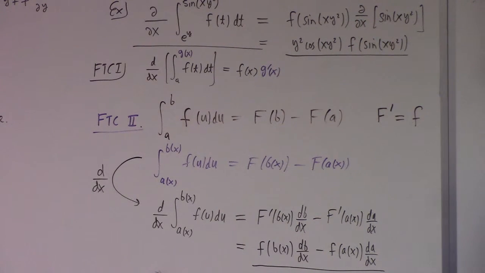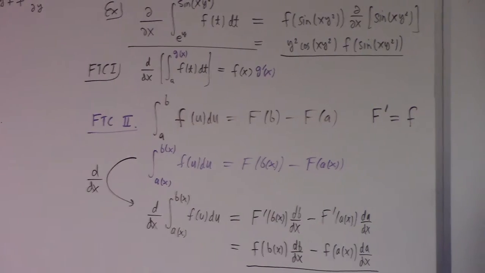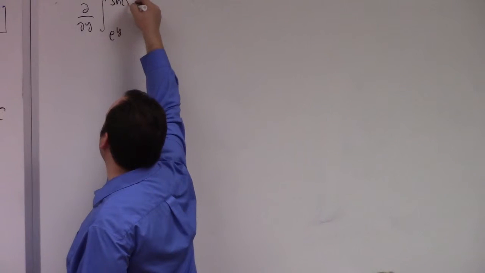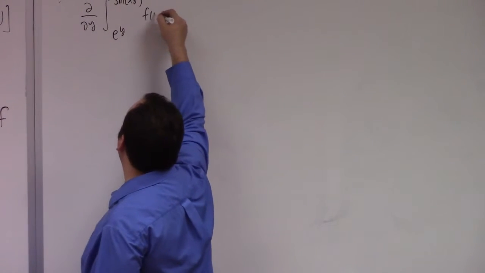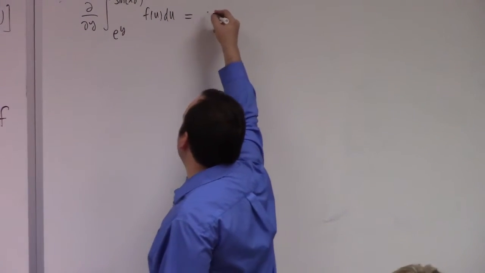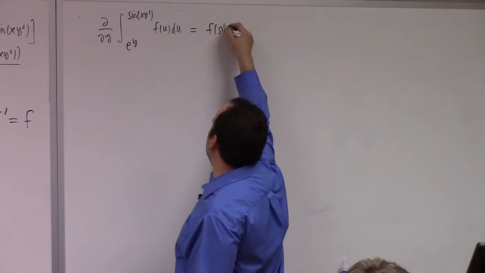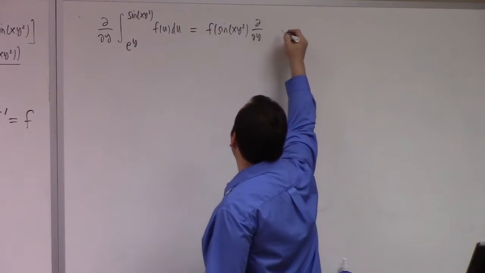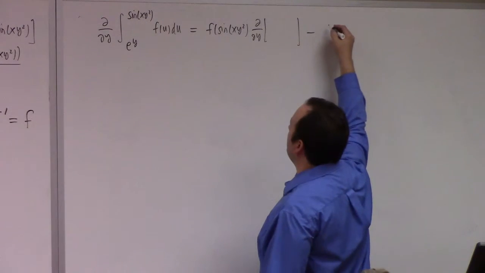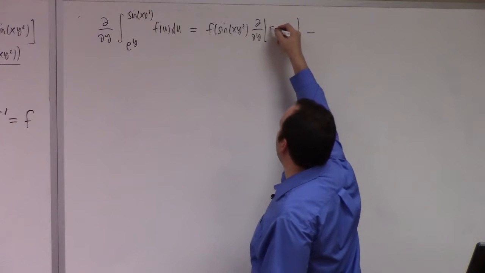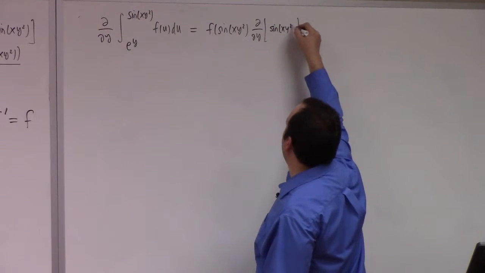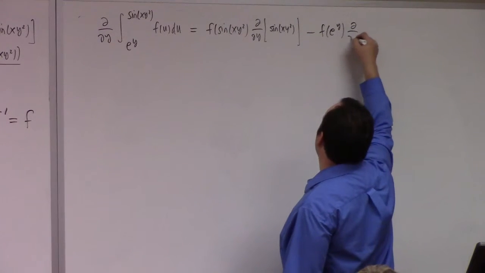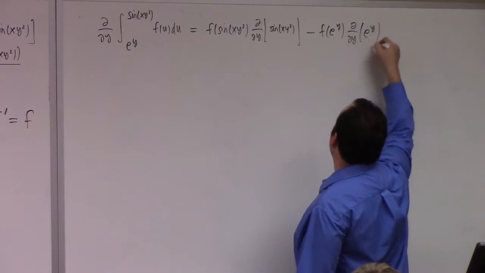So for example, if I take partial y of the integral from e to the y to sine of xy squared, what do I get? I get f of sine of xy squared times partial y of the inside thing, minus f of e to the y times partial y of e to the y.